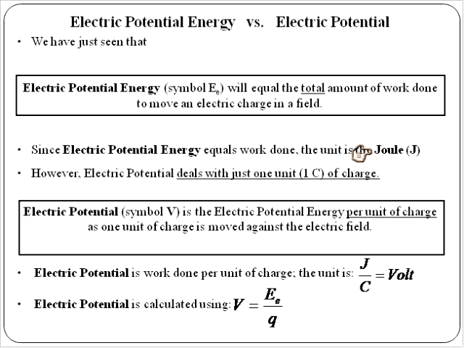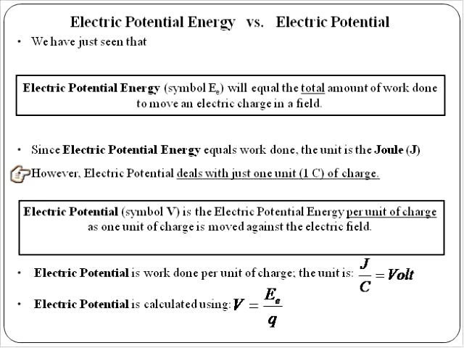However, electric potential deals with only one unit of charge, 1 coulomb. So if we know how much charge is being moved, then we can come up with a formula for what we call electric potential. Electric potential is better known as voltage.